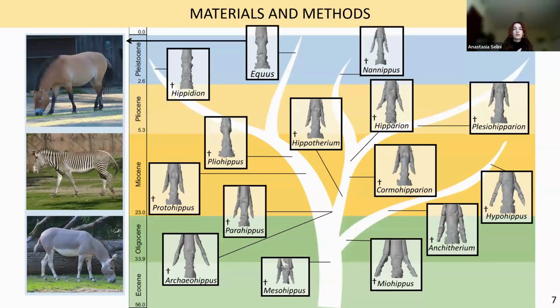To test this hypothesis, we used equids from different parts of the equid phylogenetic tree. On the top, you can see Equus, which is the only surviving genus of equids, and it includes horses, zebras, and asses. And the rest of the equids you see below have different lengths of side digits.